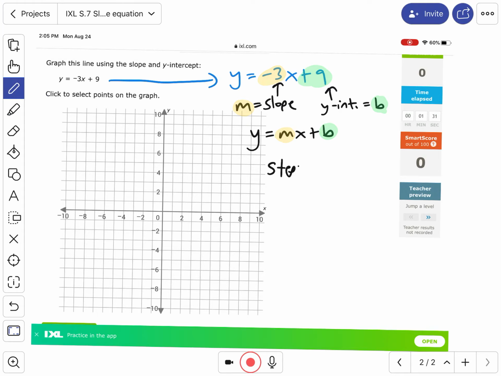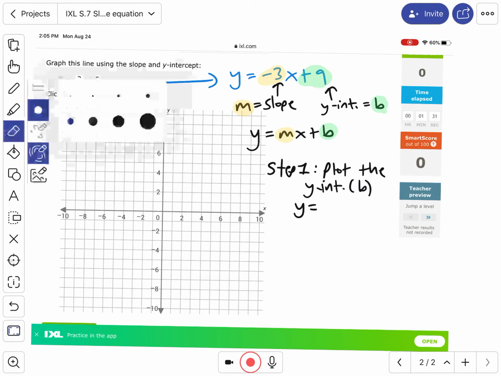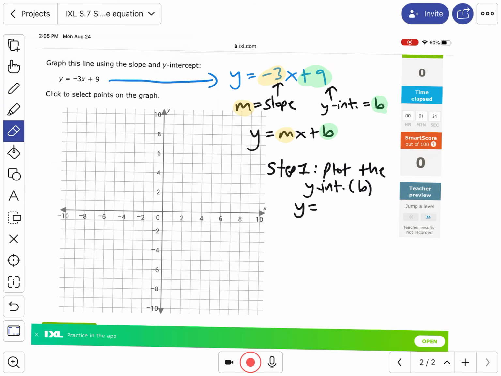Step 1 is to plot the y-intercept, or b. In this case, you could see the b is the y-intercept, which is positive 9.